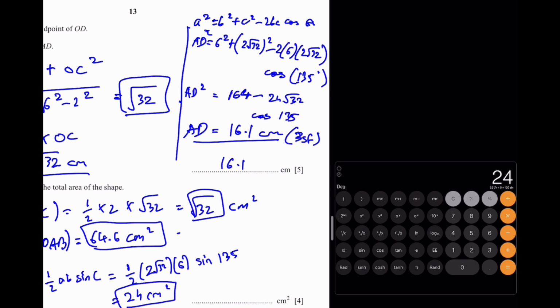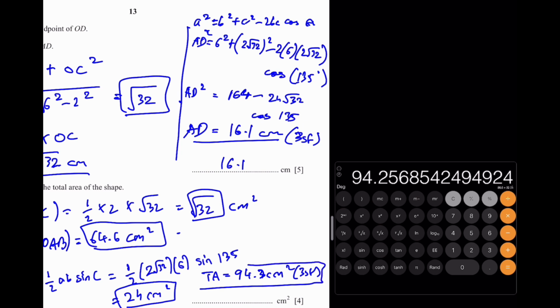Now if we add all these up, 24 plus 64.6 plus the square root of 32, we get the total area, TA, equal to 94.3 centimeters squared to 3 significant figures, as usual. So that'll be our answer, 94.3.